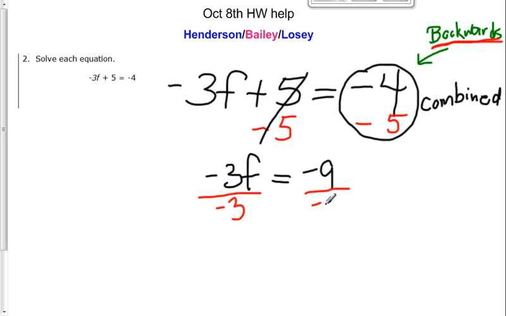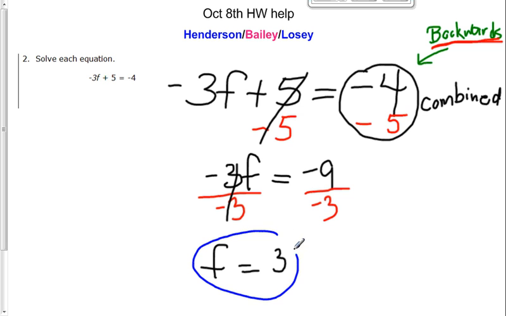So over here, I'm going to divide by negative 3. When I do that, the 3's go away, and I'm left with f is equal to negative 9 divided by negative 3. And negative divided by negative is a positive, and 9 divided by 3 is 3. So my final answer to this problem is f is equal to positive 3.